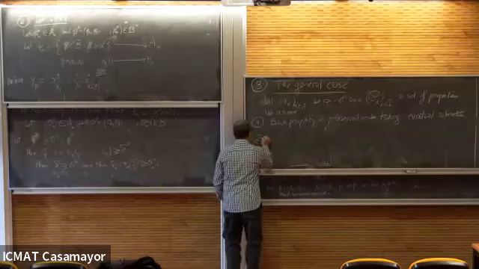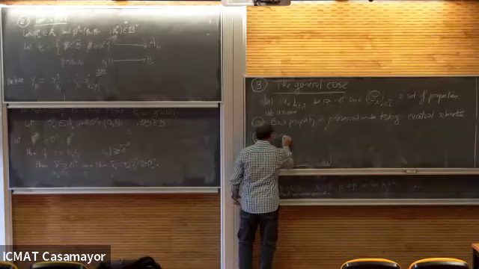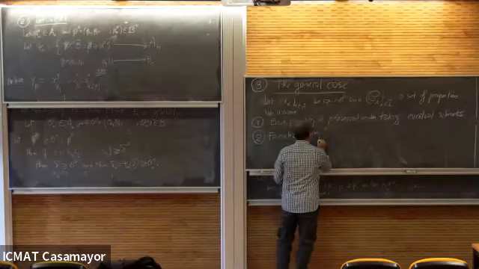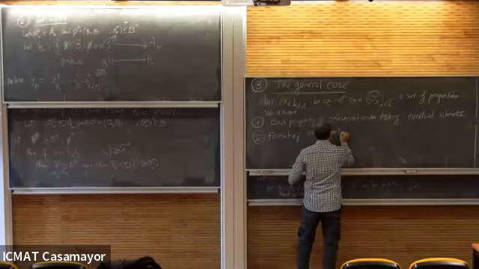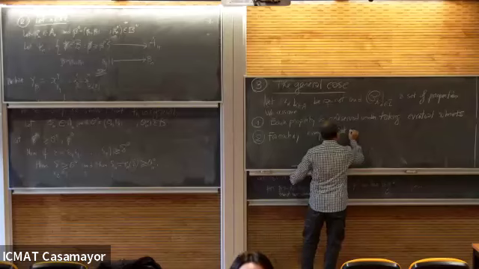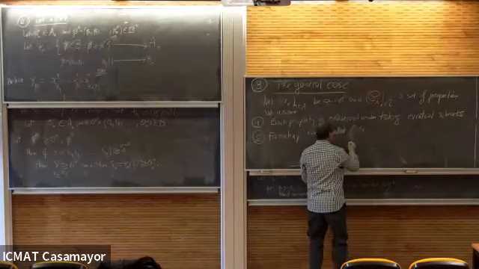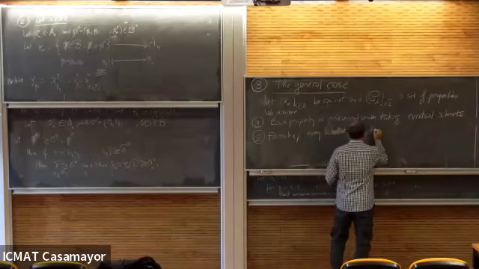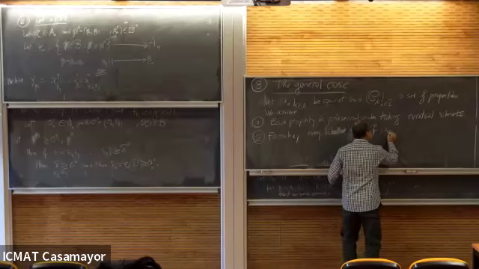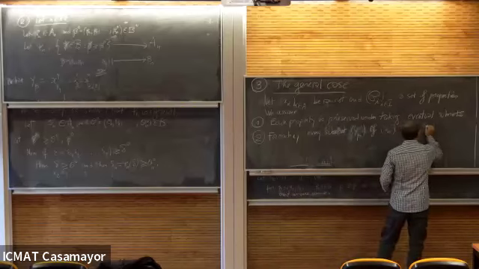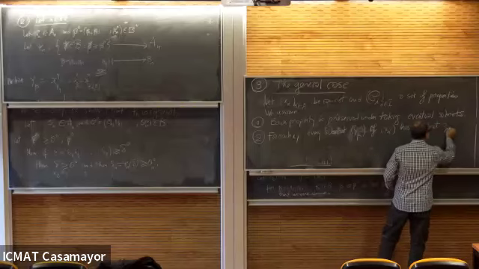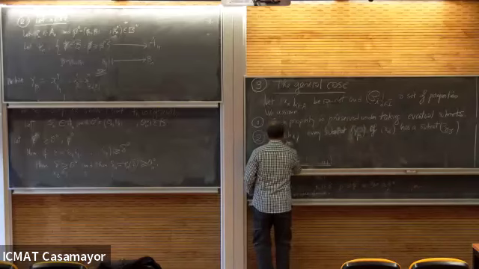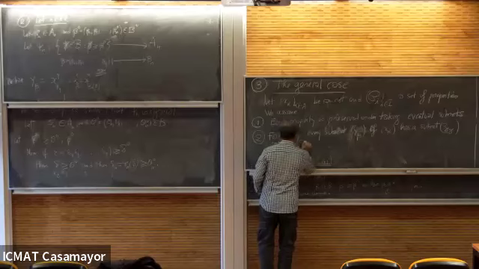And for each i, every subnet of X alpha, I will call it Y beta, as a subnet, every subnet Y beta of X alpha has a subnet Z gamma satisfying property T_i.